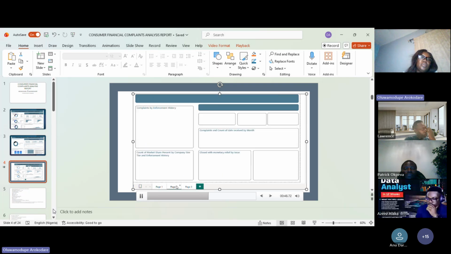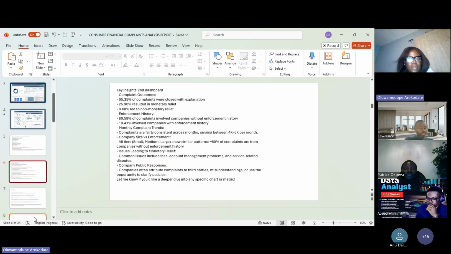So there are other key insights to it too. The outcomes, which I've also talked about, then the issues that are leading to monetary relief.